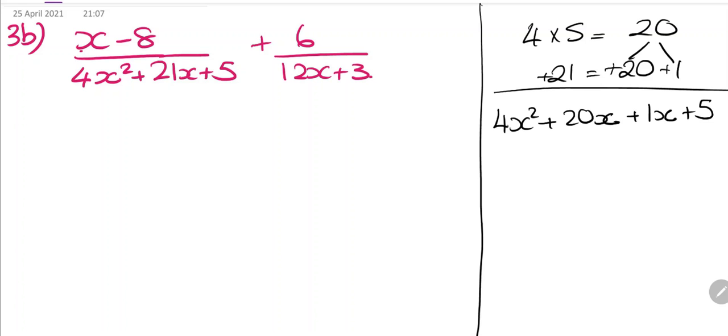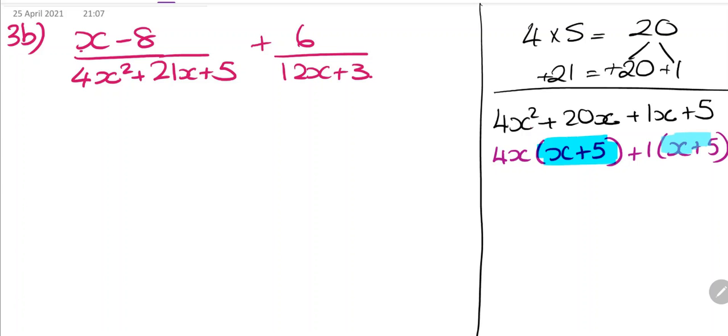If we factor by grouping, we factor by 4x, and this will leave us with x plus 5. And the second one, if we factor by 1, this will leave us with x plus 5. We now have these terms the same, which is what we want. So 4x plus 1 and x plus 5.